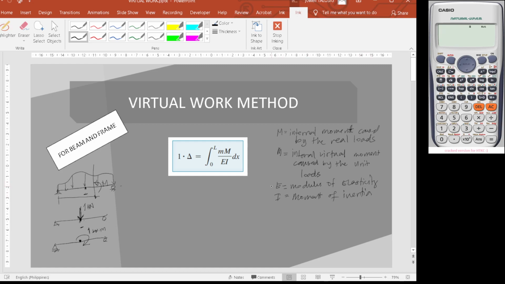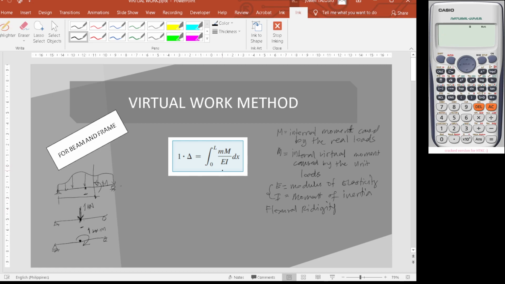These two, when combined, are called flexural rigidity. These two will resist the deflections or the bending.